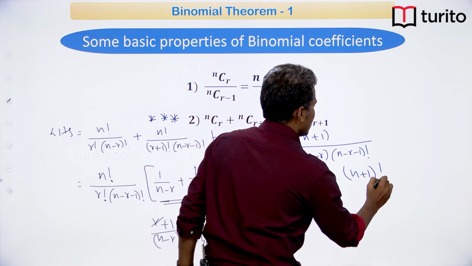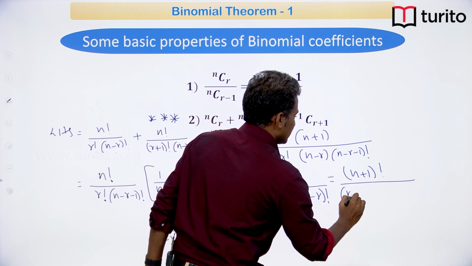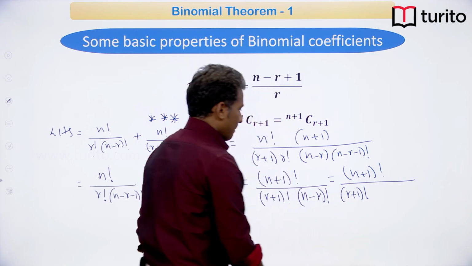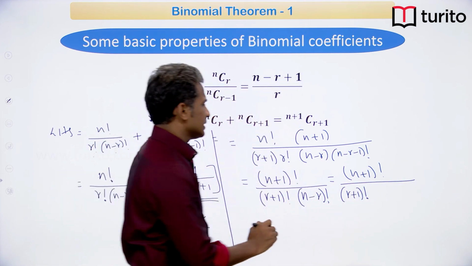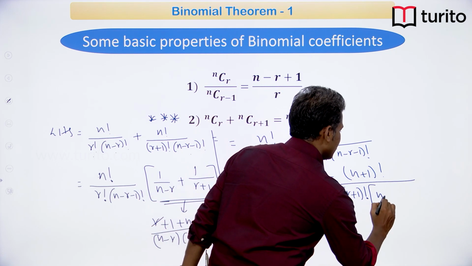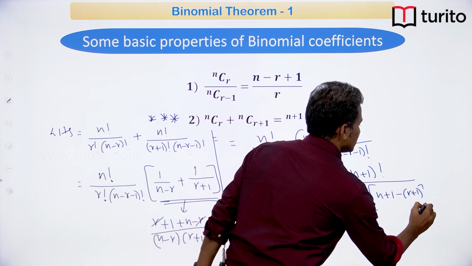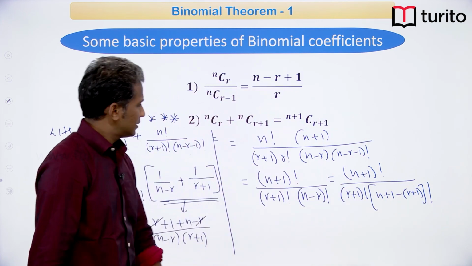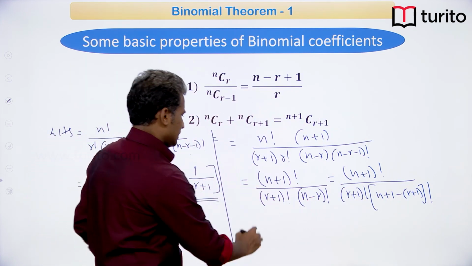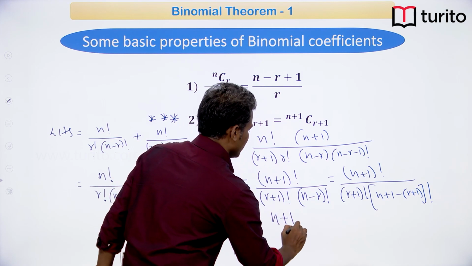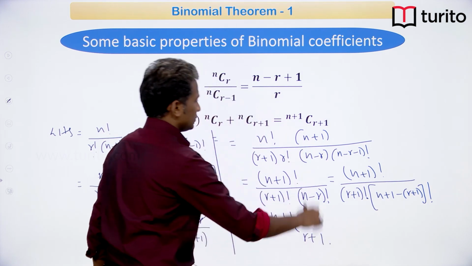The numerator is n plus 1 factorial, the denominator has r plus 1 factorial, and n minus r can be written as n plus 1 minus r plus 1 factorial. So now you can notice that it is nothing but n plus 1 c r plus 1.